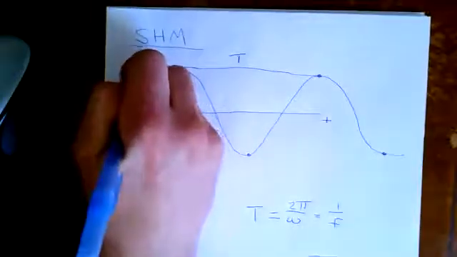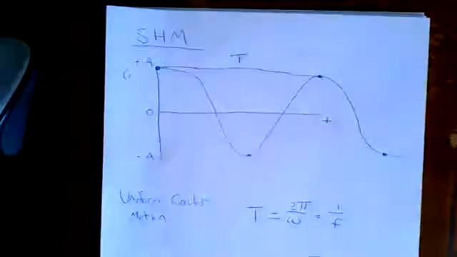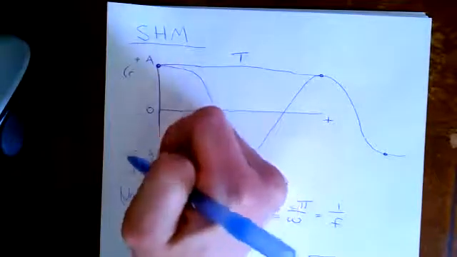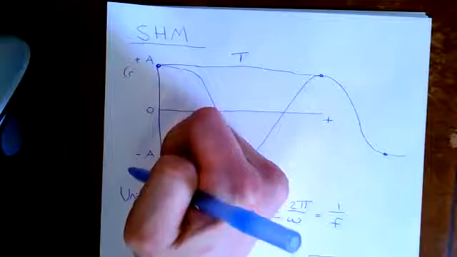And also, I'd make this connection back to amplitude. If you are talking about uniform circular motion, what is this amplitude? It's the radius. Are you on the plus side of the radius or the negative side of the radius as you go around in your circle?